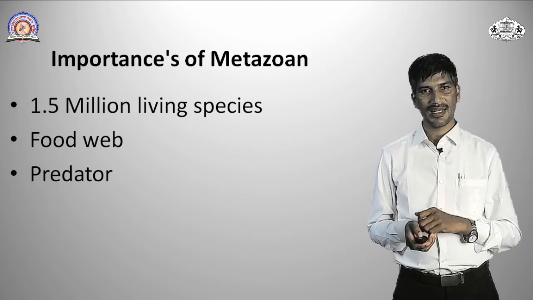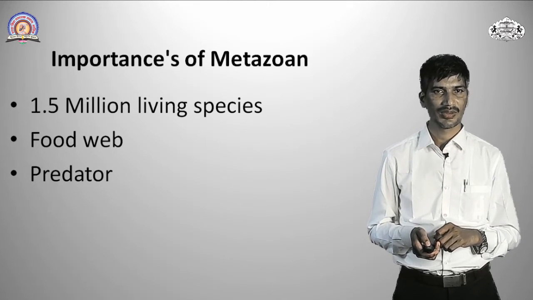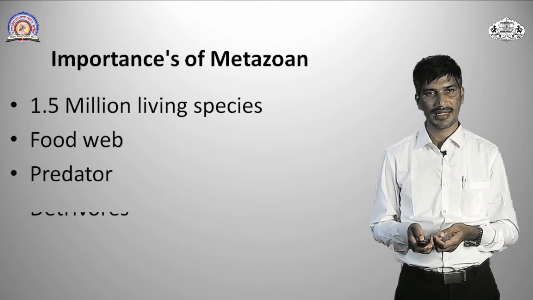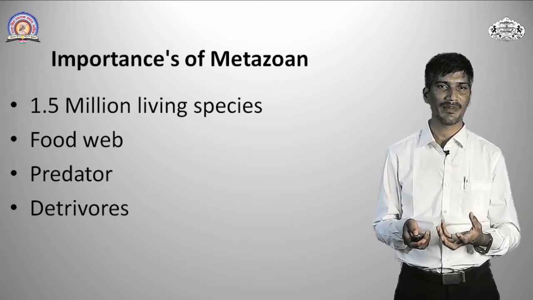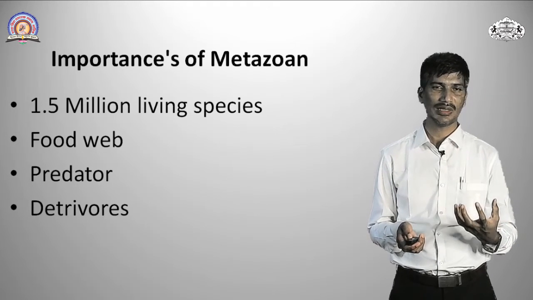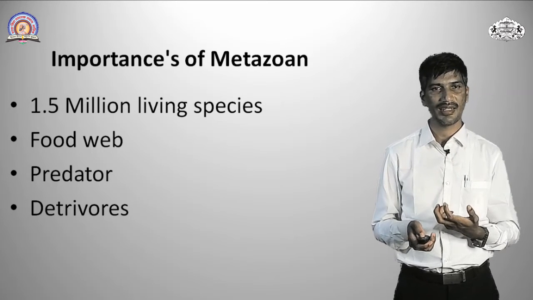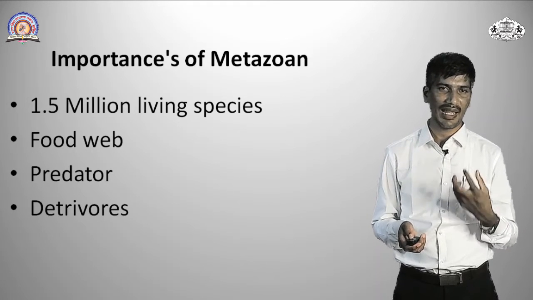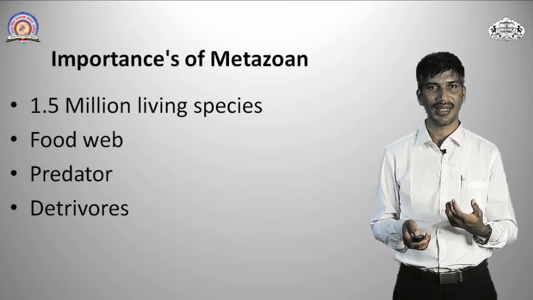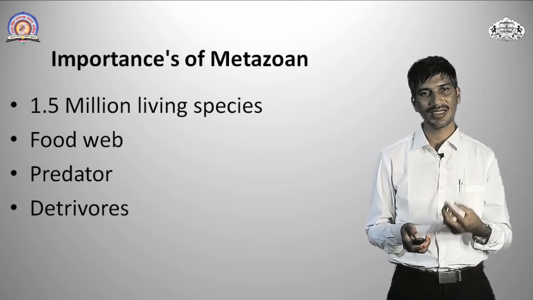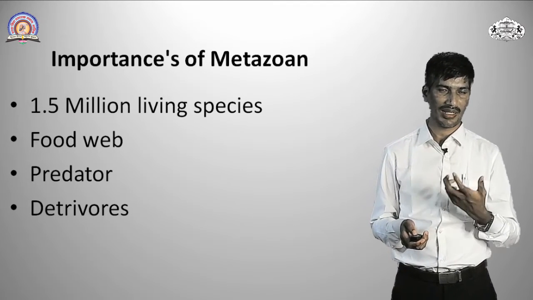Again, the next feature is that some organisms act as predators to attack other animals. Some animals, for example protozoans and some sponges, or some groups of higher animals, function as detritivores. They clean the environment, and this cleaning function is very, very important even today in our era.